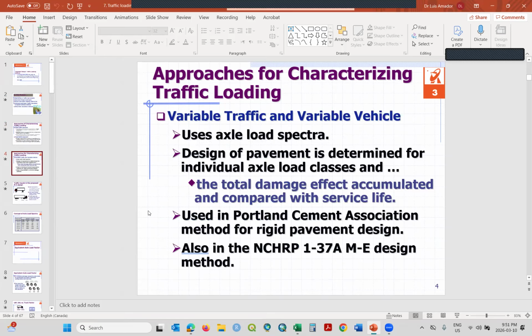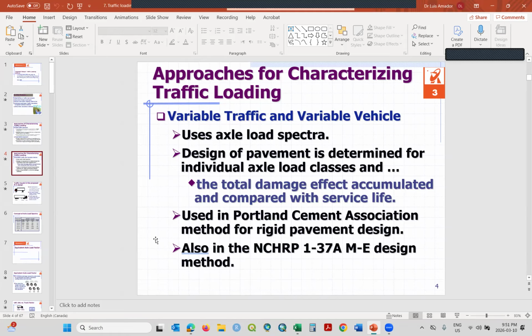Finally, the variable traffic and variable vehicle. This method uses what is called an axle load design spectra. So it considers the different types of vehicles, different types of loads, and the number of repetitions for every type of vehicle, every type of load, and every type of axle.